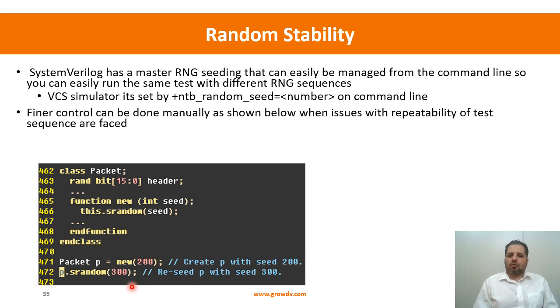But for most projects, as we talked about, if you pass the specific seed value to the master random number generator, that provides more than sufficient random stability with the built-in mechanisms in the simulator. So that's the whole idea. I hope that's clear.